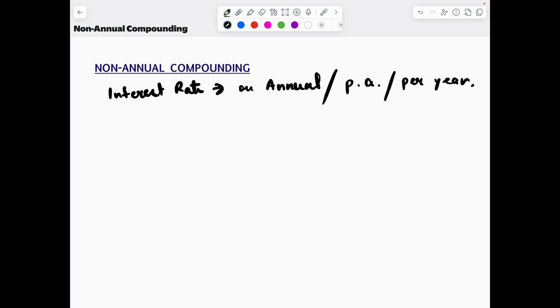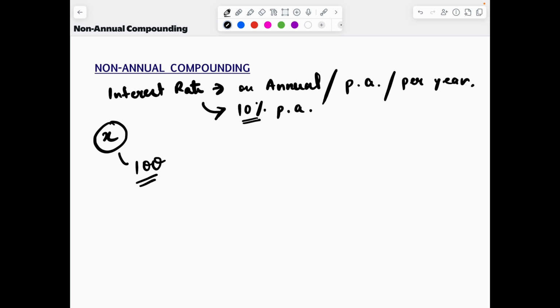For example, if you take a loan from a bank, say X amount, and they tell you that the interest rate is 10% per annum. Let's say this X is 100. It could be 100 million euros or dollars, could be anything.